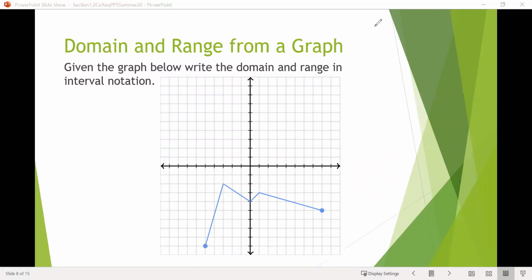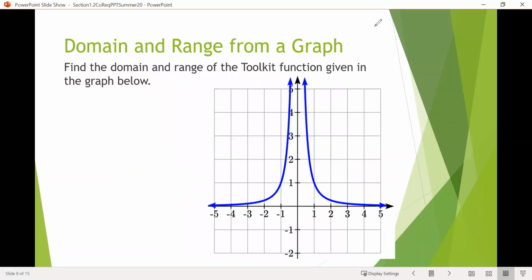All right, let's look at another example of finding domain and range from a graph. And this time we're going to use one of our toolkit functions. So recall your toolkit functions are a set of functions that we should be memorizing and knowing things about because they're going to come up many times throughout the quarter.